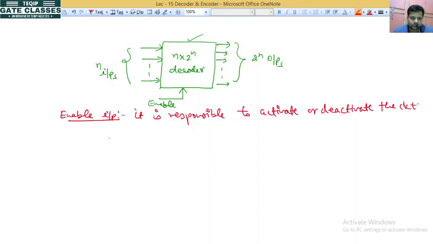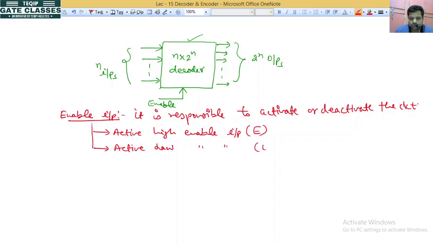So there are two types of enable input. The first one is the active high enable input, that is denoted by E, and the second one is the active low enable input, which can be represented as E bar.